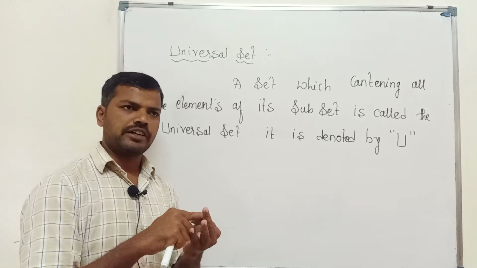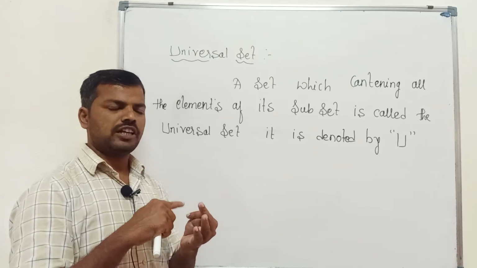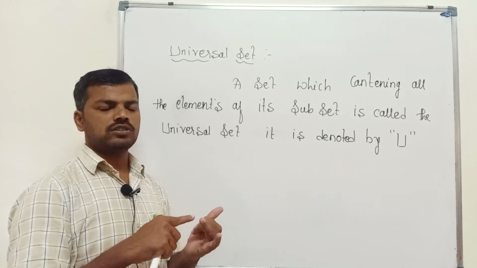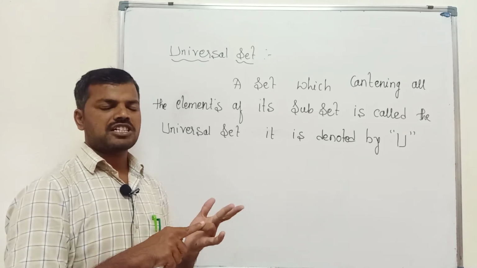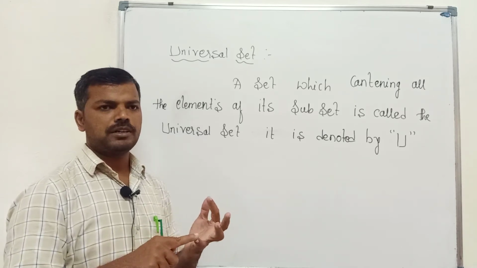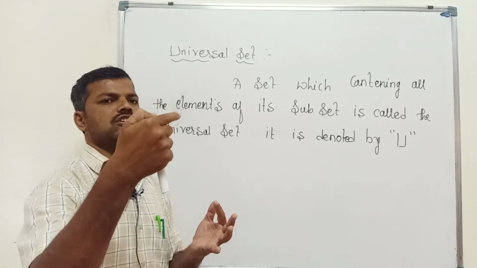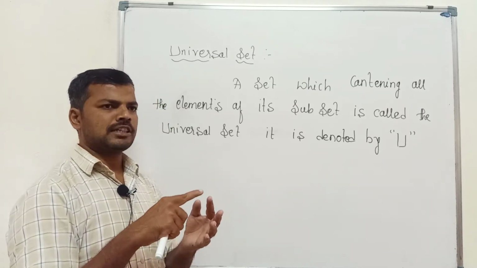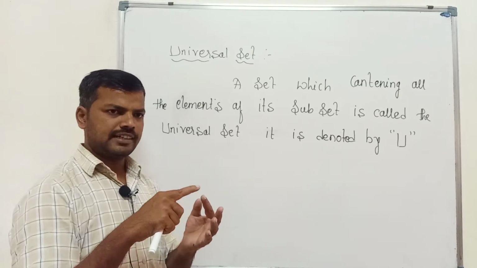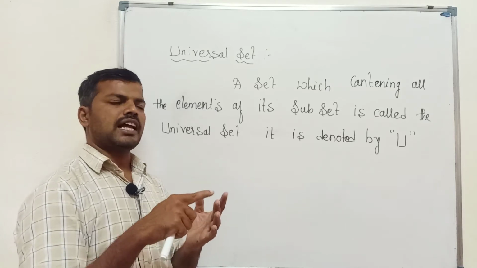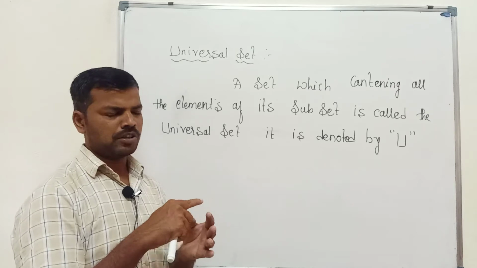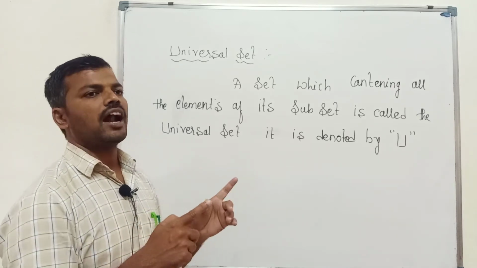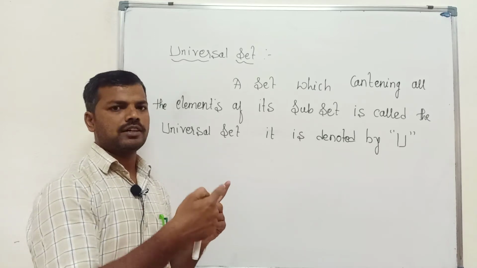Natural number is a subset of real number, integer is also a subset of real number, rational number is also a subset, and irrational number is also a subset of real number. And natural number is a subset of integer, which is a subset of rational number, which is a subset of real number. All these concepts we have clarified, and we have also studied the power set.